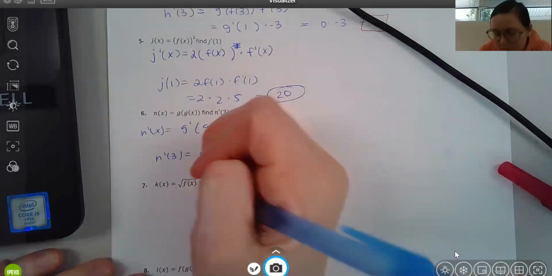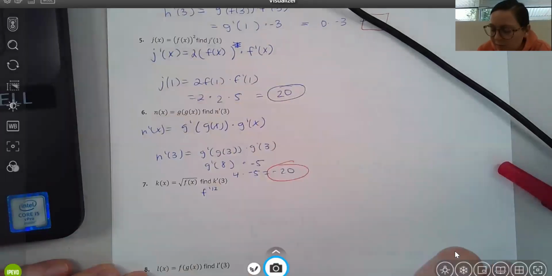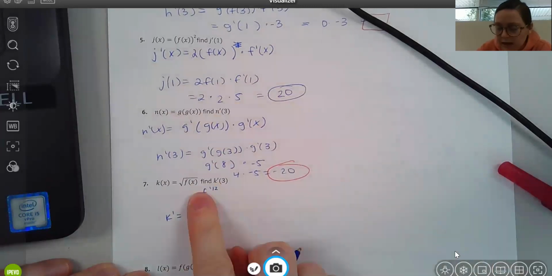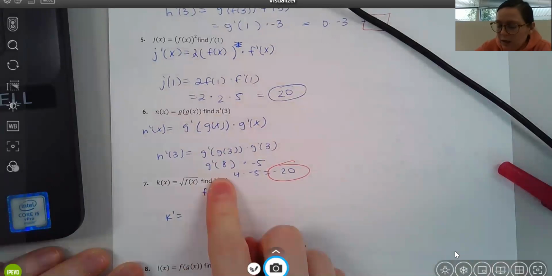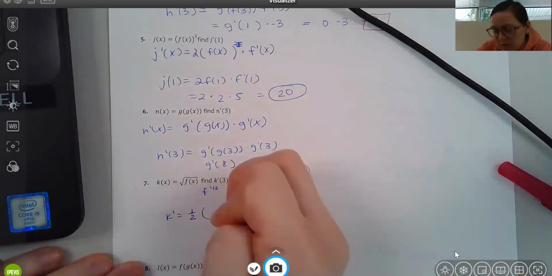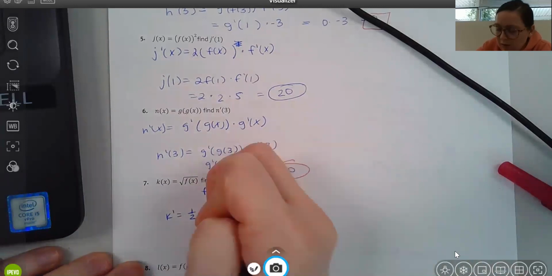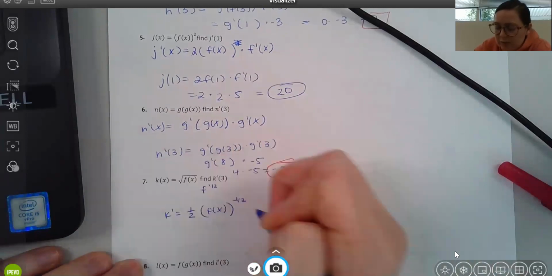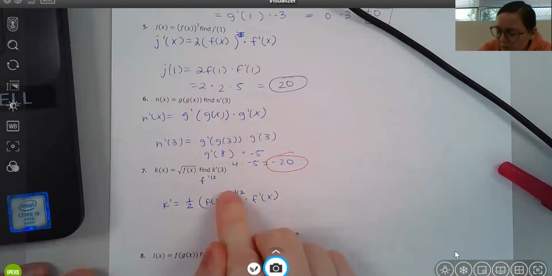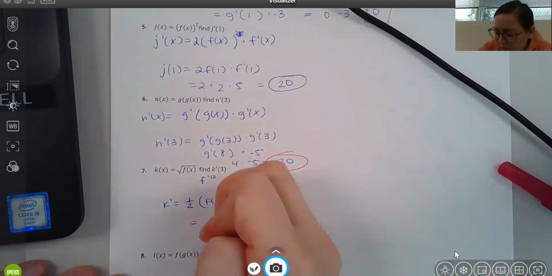Okay, for number 7, we're looking at the square root of f. So just rewrite this as f to the 1/2 power. And then now you can apply your chain rule because we have an inside. F to the 1/2 power is like the outside. Derivative of the outside is 1/2 now to the -1/2 power when you subtract 1. Leave the inside alone. Derivative of the inside would just be f prime. Definitely rewrite this before you're plugging in. F to the -1/2 power means there's a 1/2, right?